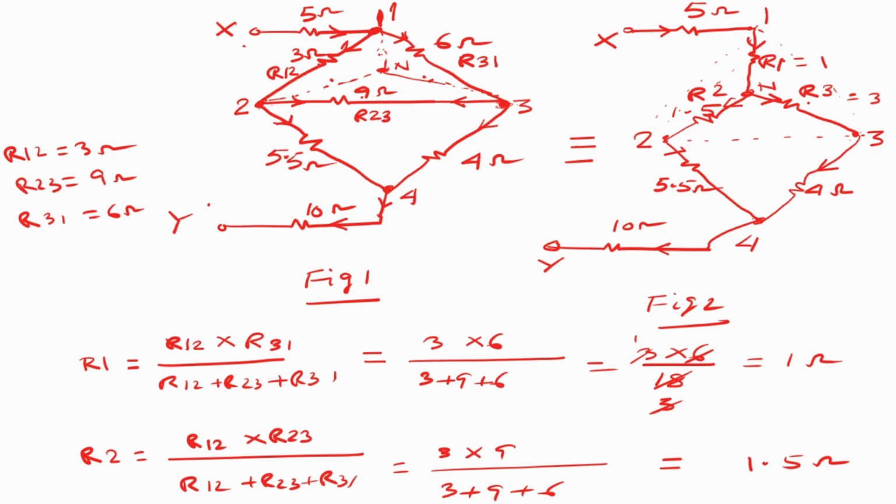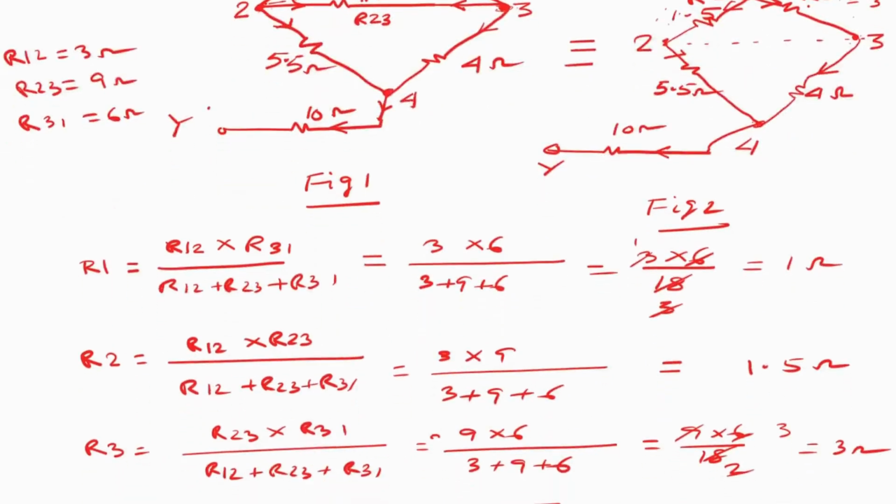R1 means the product of the two resistors at junction 1, 3 ohms and 6 ohms, that is 3 into 6. When you calculate R2, at junction 2 there are two resistors, R12 and R23, so the numerator is R12 into R23.